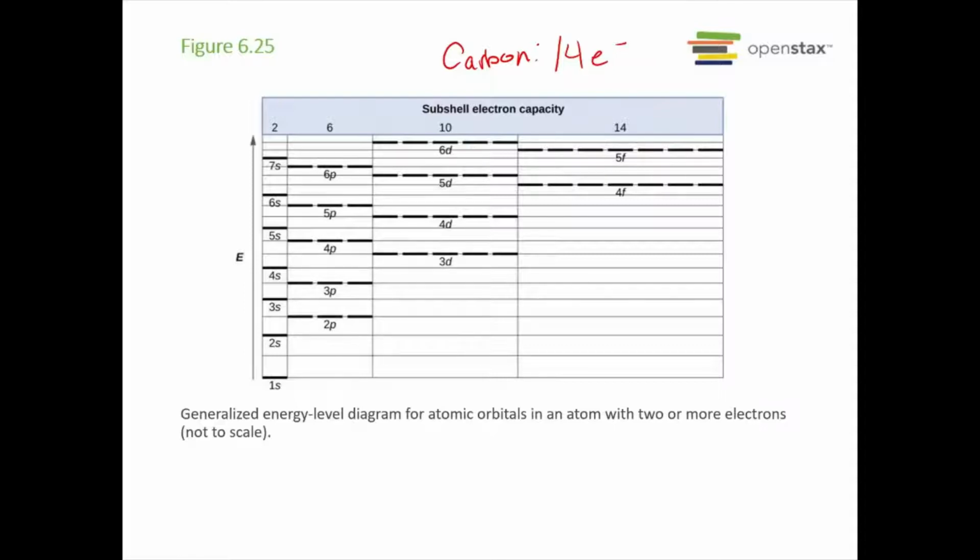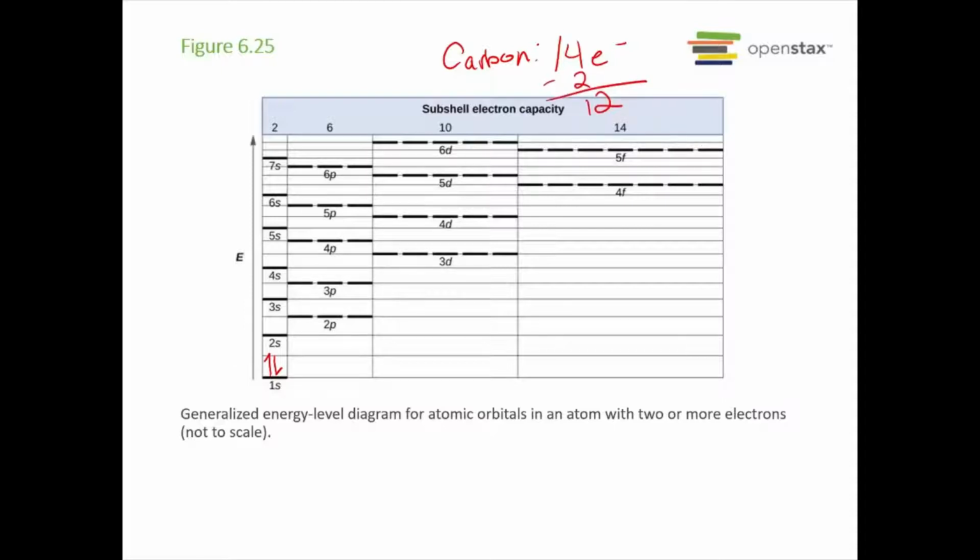We'll look at actual orbital diagrams later, but the way we denote this is 1 electron with an arrow pointing up, and then the 2nd electron pointing down, because of the quantum spin numbers. They have to spin in opposite directions when they are paired off. Now we've filled up the 1s orbital with 2 electrons, Pauli exclusion principle. So now we have 12 left.